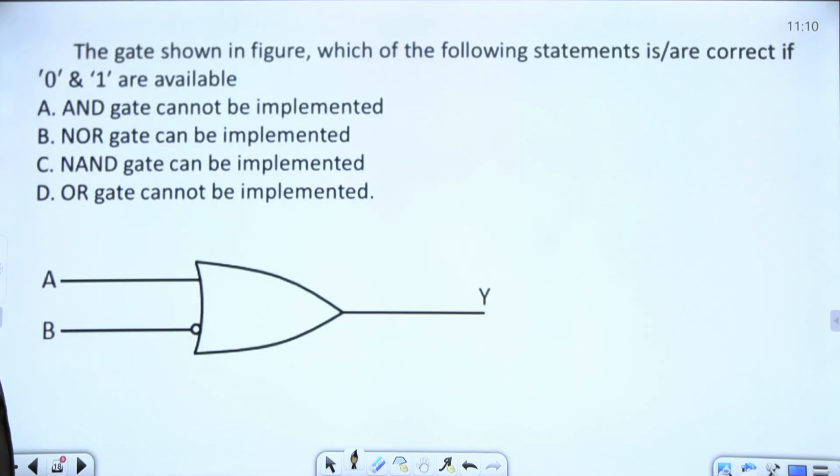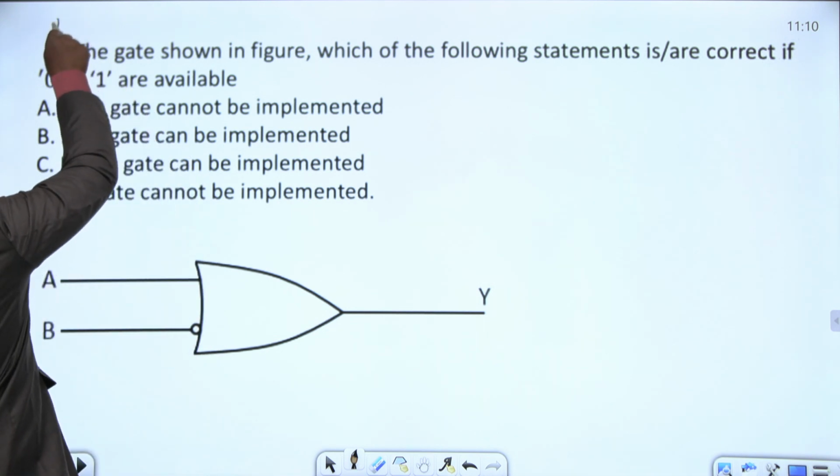Okay, let us see another question. For the gate shown in the figure, which of the following is correct? Okay, you see the answer. When zeros and ones both are available, AND gate cannot be implemented, NOR gate can be implemented, NAND gate can be implemented, OR gate cannot be implemented.